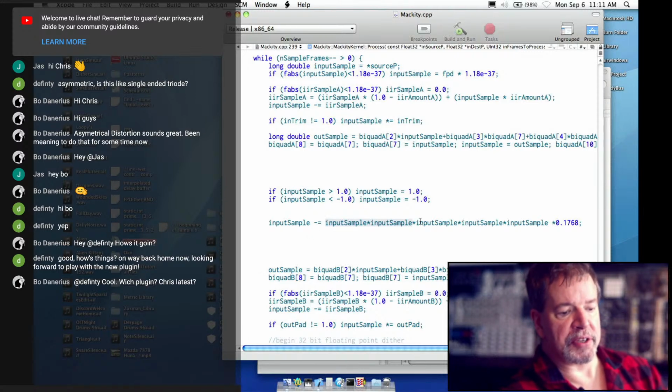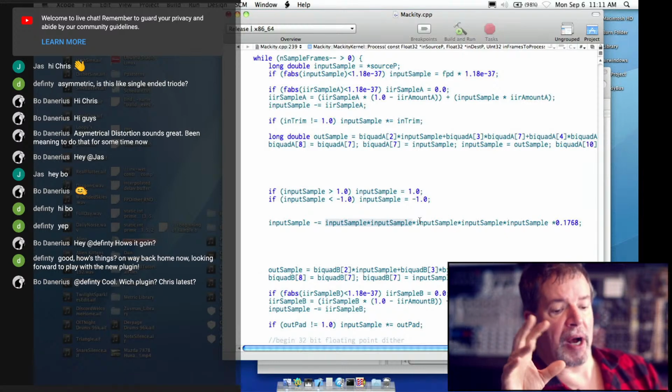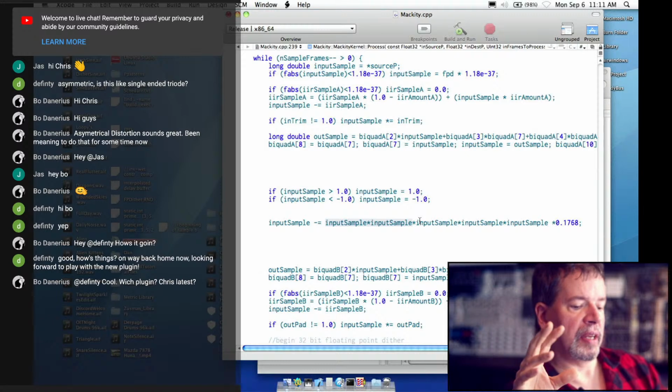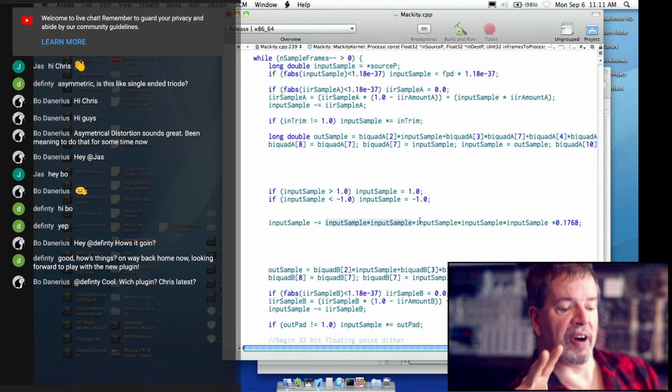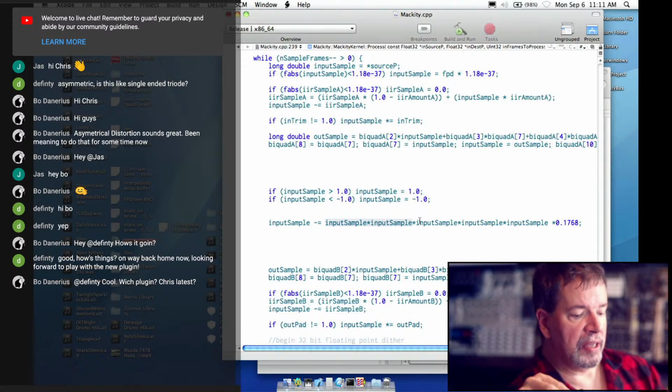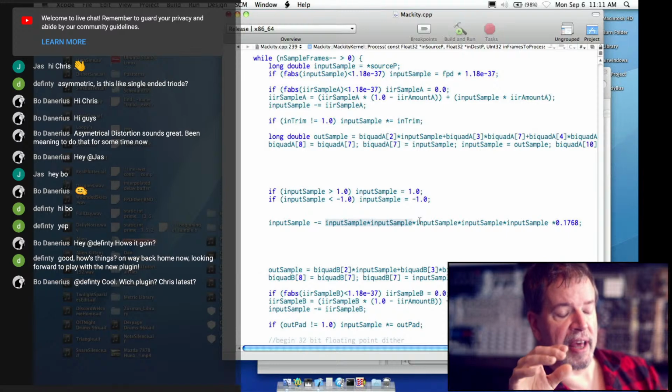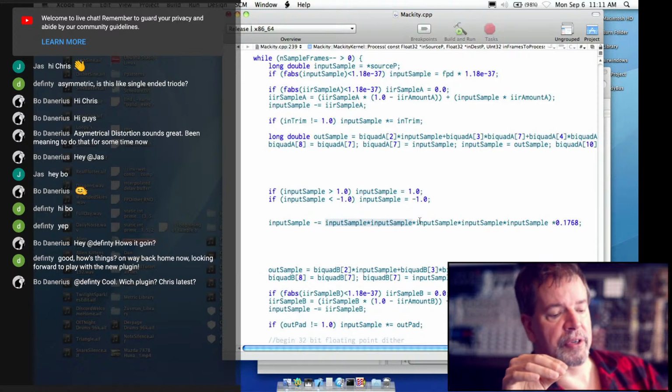Input sample minus input sample times input sample means that if it is positive, like positive 0.5, well, 0.5 times 0.5 is 0.25. So input sample minus that, it's not going to scale back all the way.